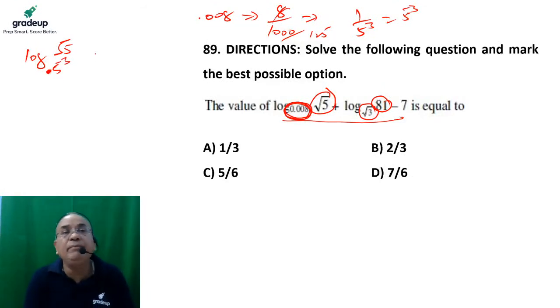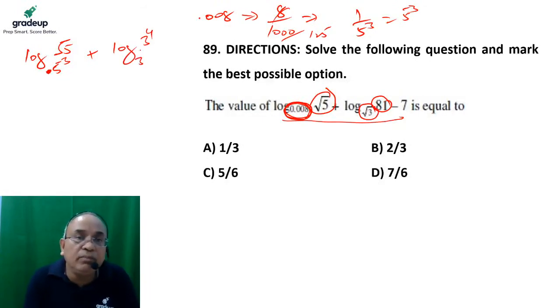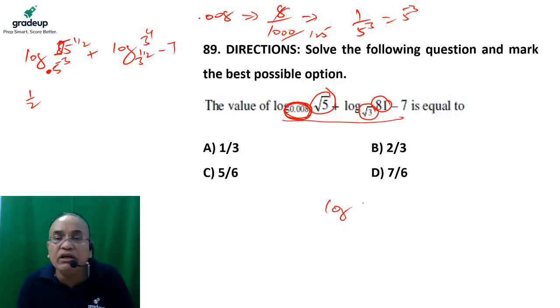So I can write this value 5 to the power minus 3. Plus, this can be written as log 3 to the power 4, 3 to the power 1 by 2, minus 7. Any problem? This can be written as 1 by 2, 5 to the power half. As you know, log m to the power n and p to the power q can be written as n upon q log m base p.